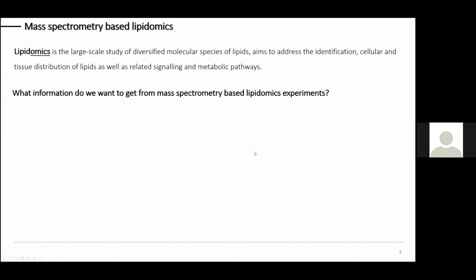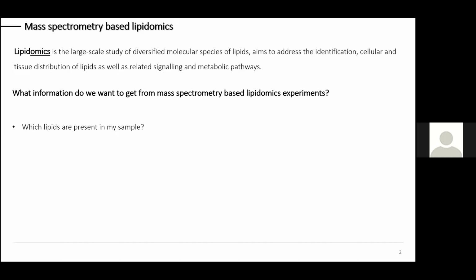So what kind of information do we usually get from mass spectrometry-based lipidomics experiments? In principle, no matter what experiment we are doing, we could classify it into several very straightforward questions for which we want to get the answers.